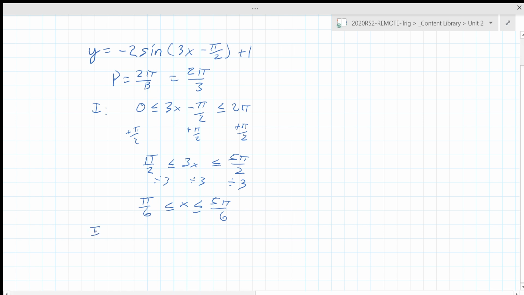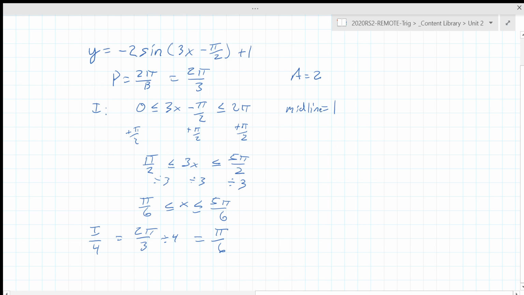And then we're going to take our interval size and divide it by 4. So that's going to be the same as our period, which is 2 pi thirds, and we're dividing this by 4, which is equal to pi over 6. All right, we have an amplitude of 2 and a midline of 1.